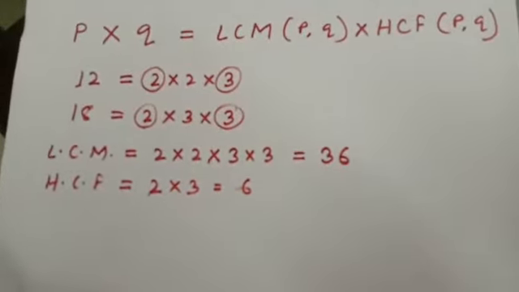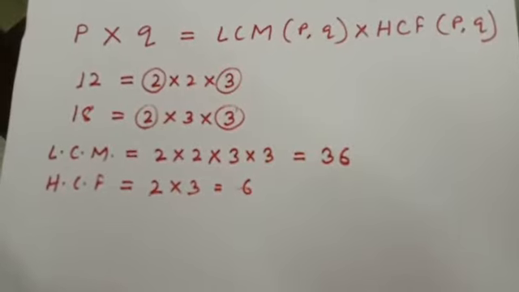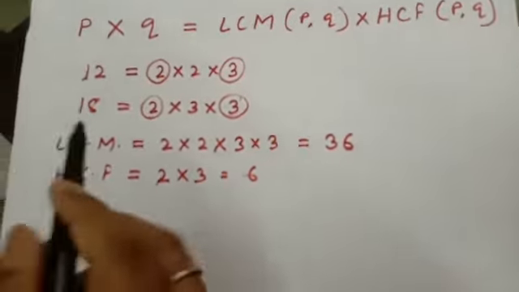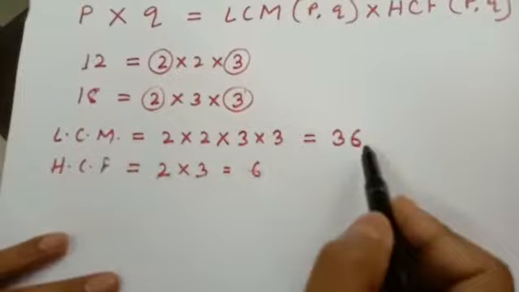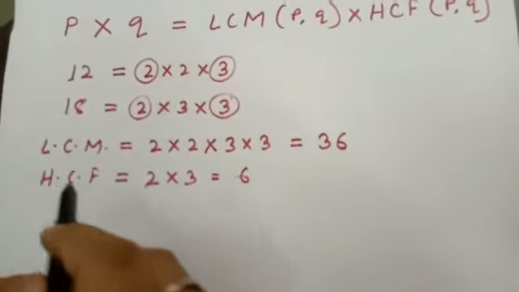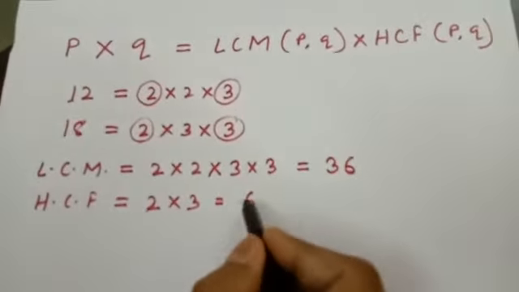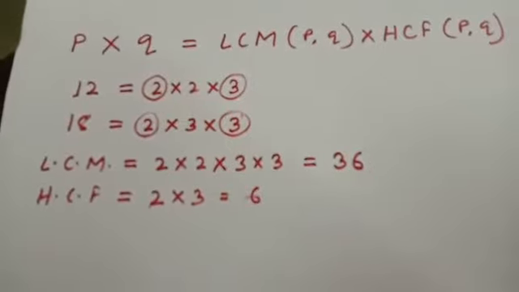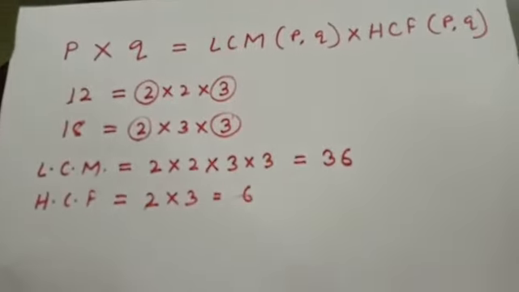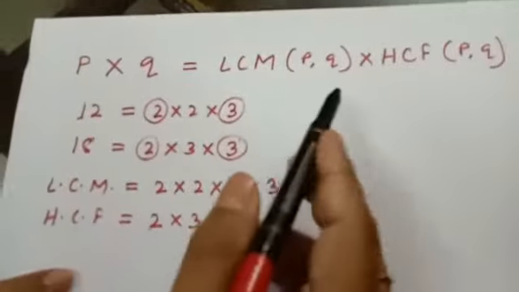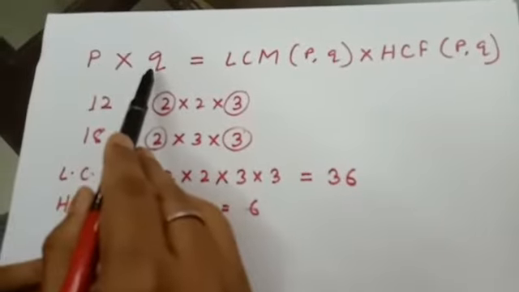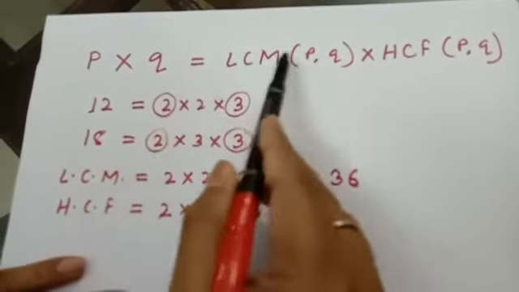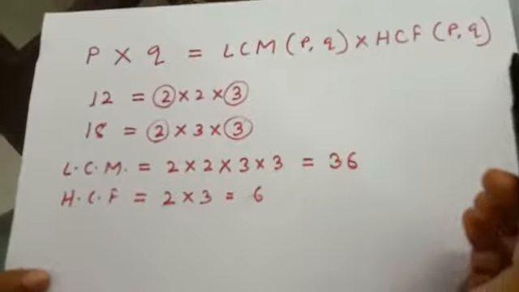So finally we find the LCM and HCF of these two numbers. The LCM of 12 and 18 is 36 and the HCF of 12 and 18 is 6 by the prime factorization method. Now we have to verify this relationship that the product of two numbers is always equal to the product of their LCM and HCF.